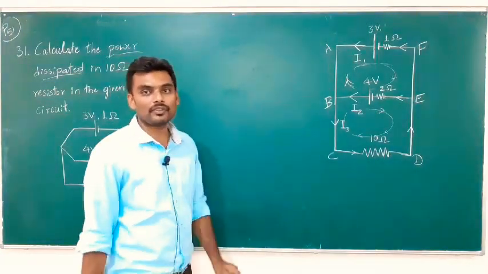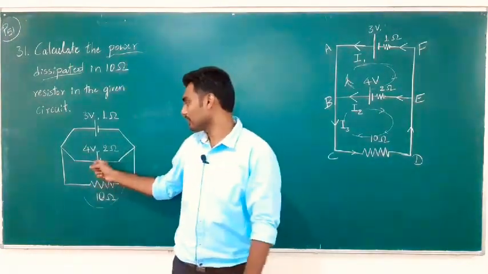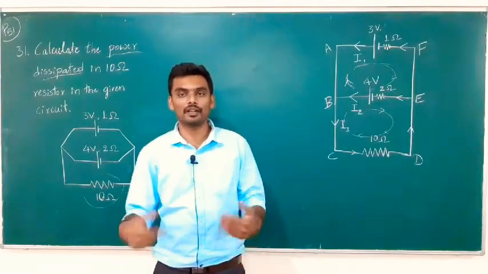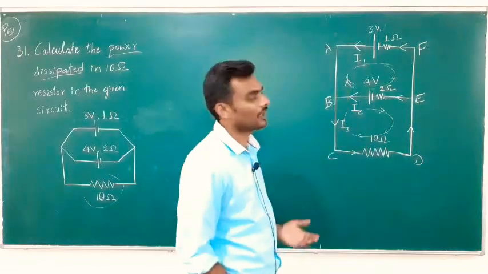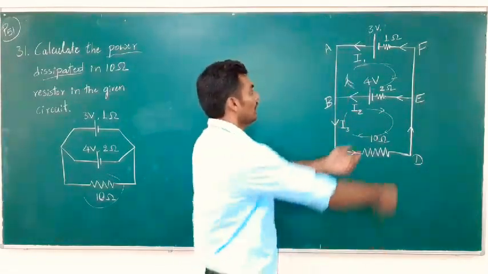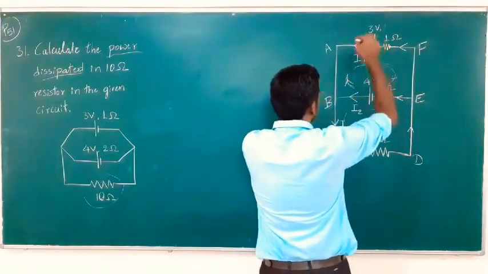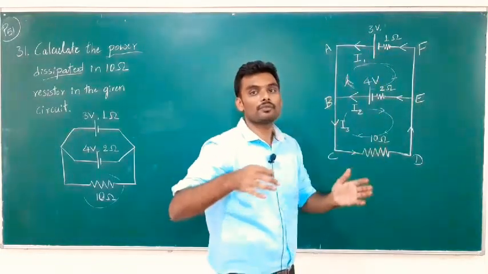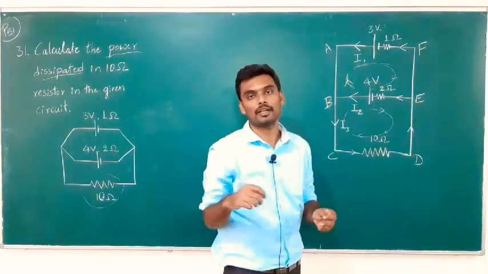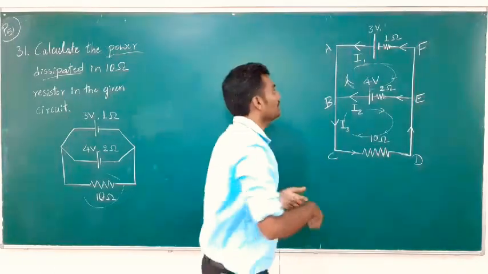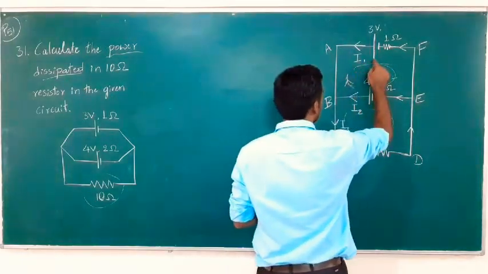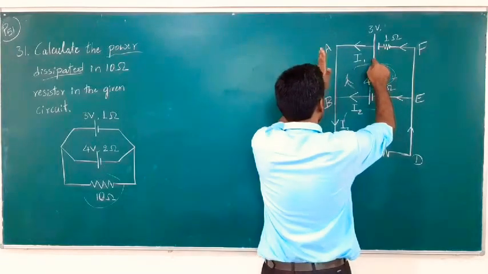And now the question that comes is, we do not have the directions of current given here. We ourselves need to judge or analyze the direction of current in the given circuit. Now look, we all know that current always flows from positive terminal of the battery and goes towards the negative terminal of the battery. So here I have the positive terminal of the battery on the left hand side.